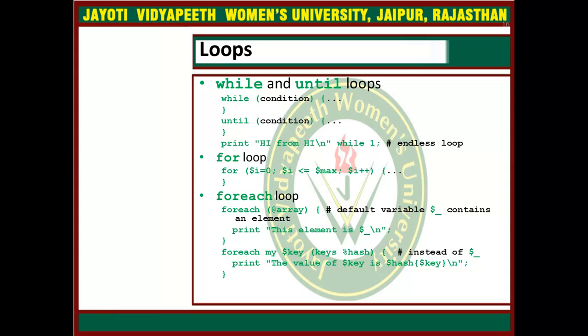The next is the for loop, in between the initialization and comparison, and when the loop will process. Then after closing the condition, it means close the for loop. The next is the foreach loop. For each in this array, the default variable contains an element, you have to print this element with $_. Next this is printed in the next line.